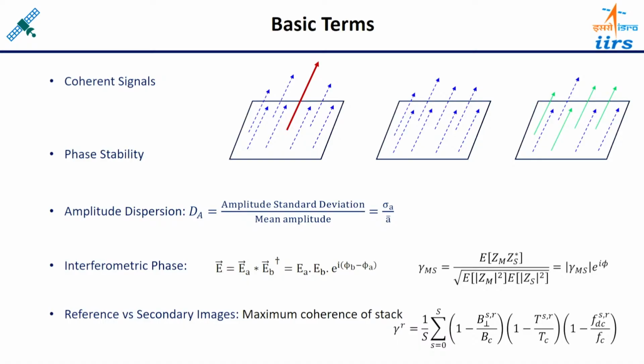In the second situation, you consider the second image as a reference, then make pairs between second and first, second and third, so again you have 2 pairs, and for each pair you calculate the coherence, and again add. So you get some numerical value in the first situation, the sum of 2 pairs, and in the second situation also you get the sum of the coherence of 2 pairs.